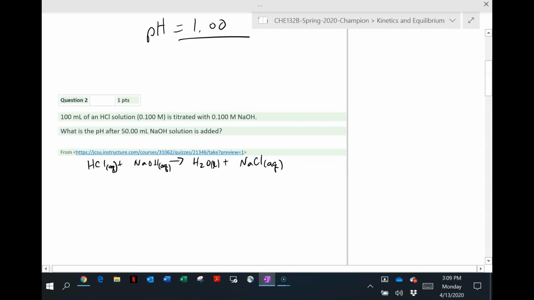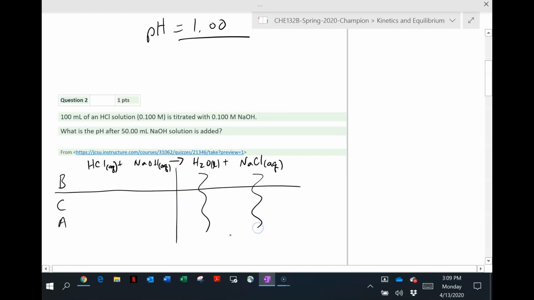And we're going to do a BCA analysis of this: before, change, and after. We're not going to worry about the water. We're not even going to worry about the NaCl. It's a neutral salt. We're just going to worry about the HCl and the NaOH. And we're going to use millimoles.